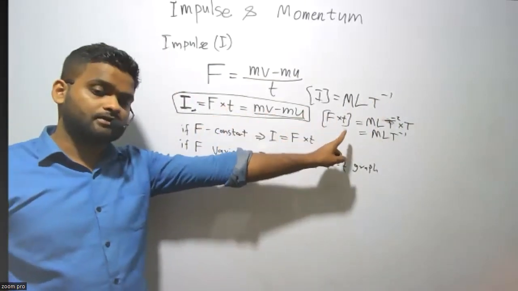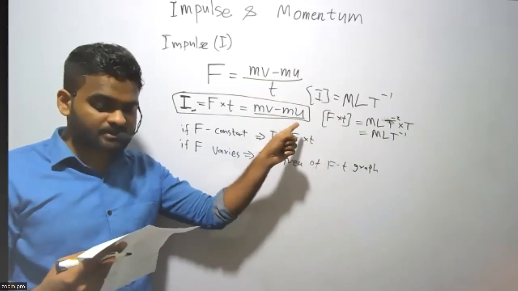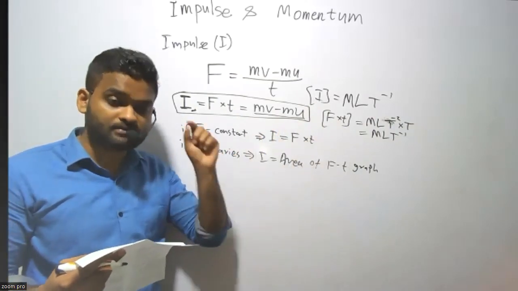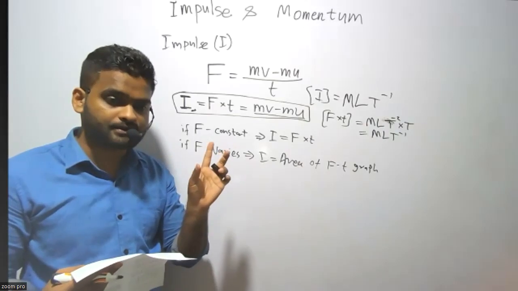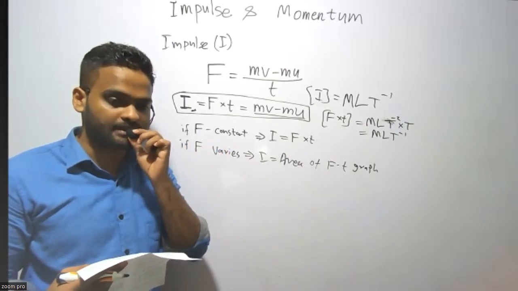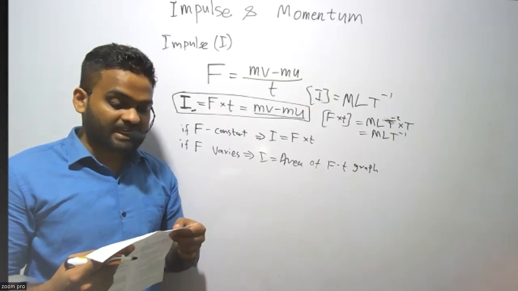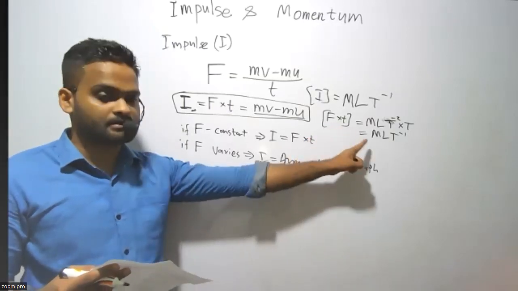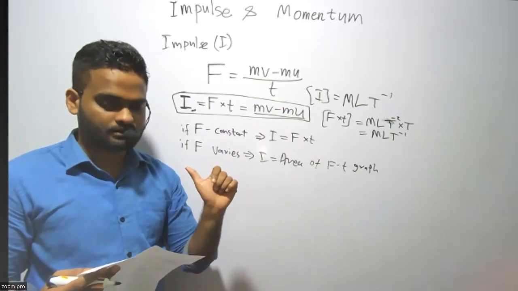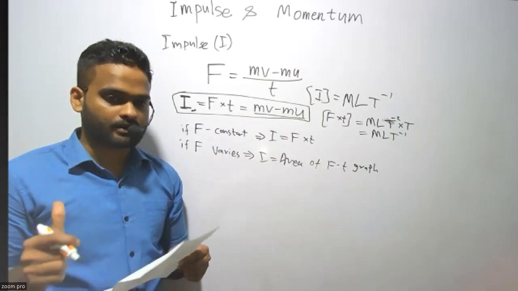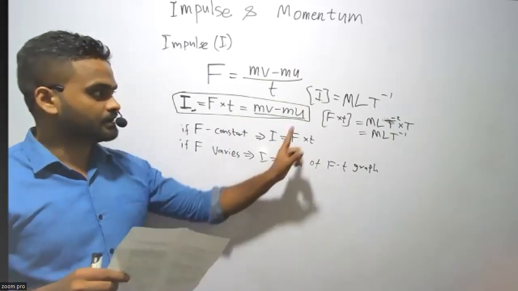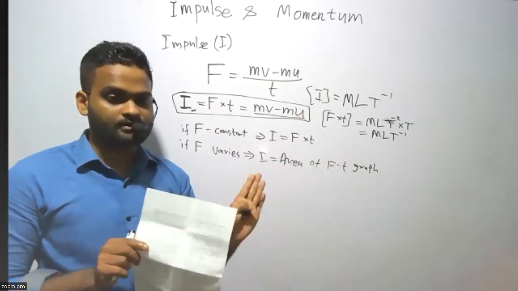Rate of change of momentum means force, not impulse. So you have to clearly understand the difference. So the answer should be linear momentum, the second one. That's the difference. Impulse and force are two different things.